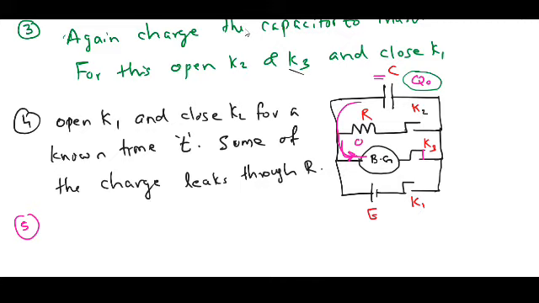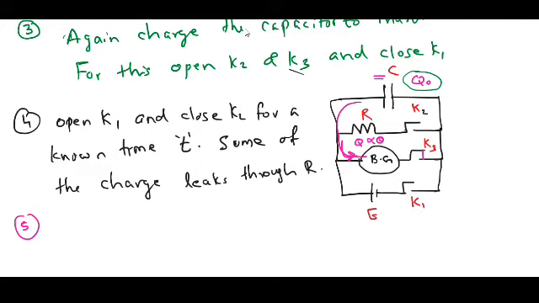The remaining charge is Q, because Q is the value of the charge at an instant of time. That produces a current flow through the ballistic galvanometer, and that current flow causes a throw in the ballistic galvanometer. That throw is proportional to theta.